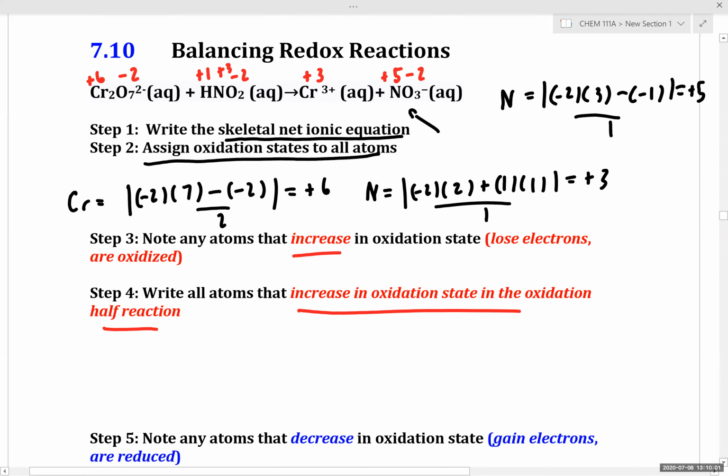Is it nitrogen or chromium? What oxidation number is becoming more positive, larger? Nitrogen, yep. So we write all chemical species associated with nitrogen where we are losing electrons, going up in oxidation number.